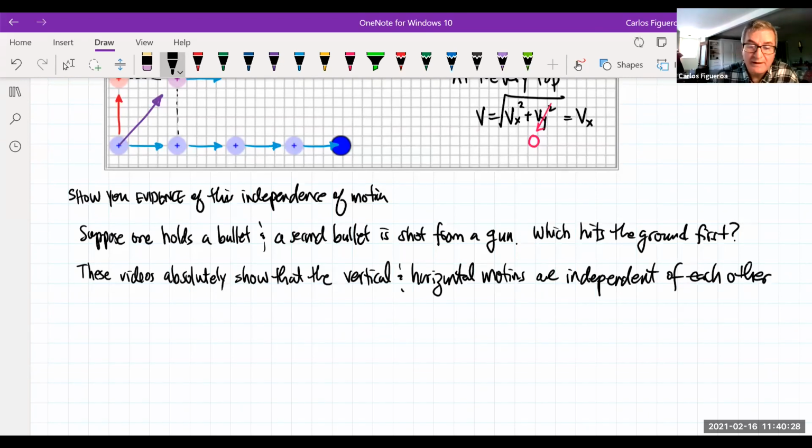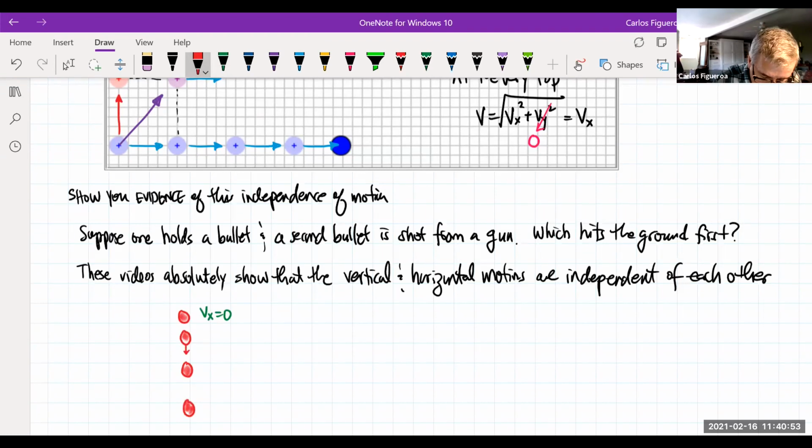And the reason why that is here is that when you drop one of them, it's just going like this here, right? It's falling straight down. And so the reason why that's independent here is because we know that in this case, there is no horizontal motion.